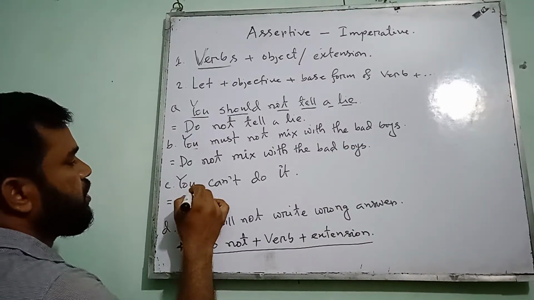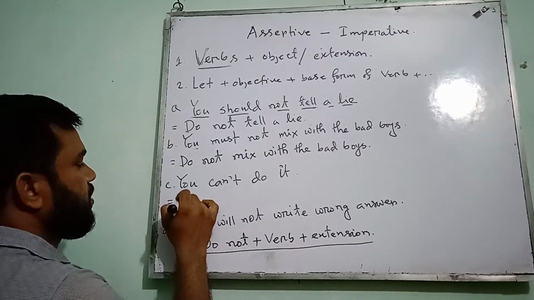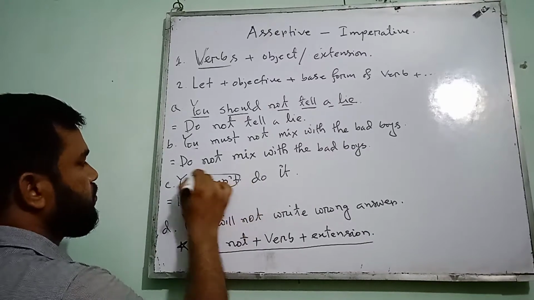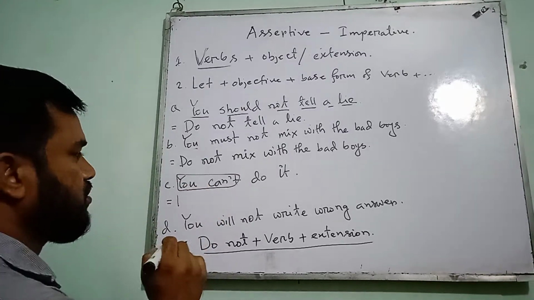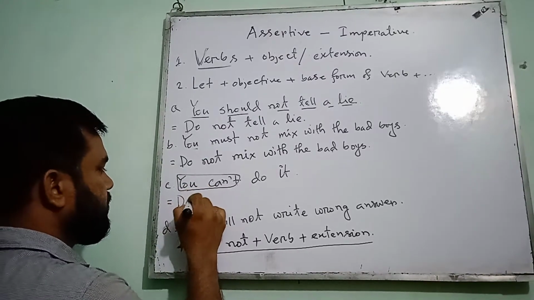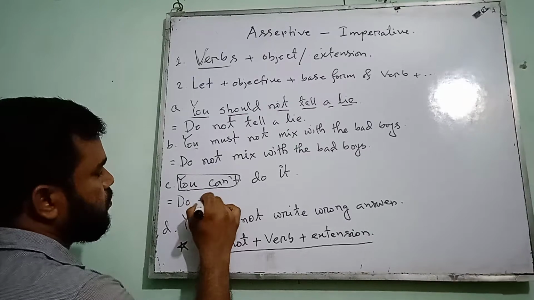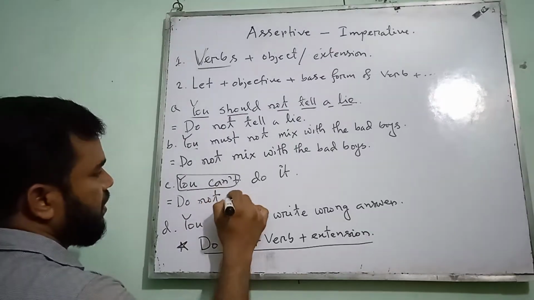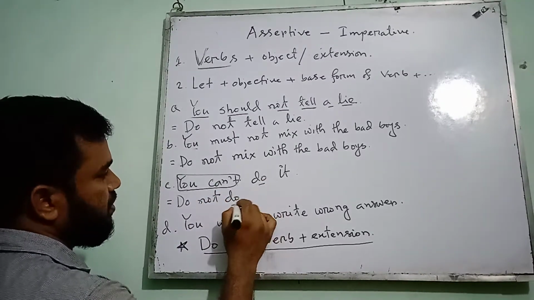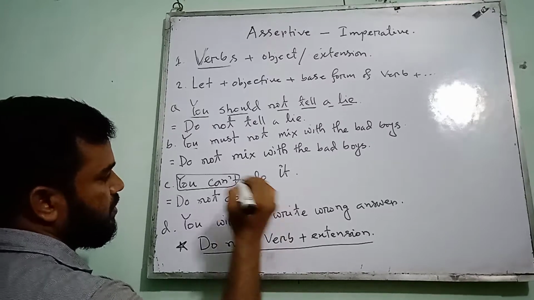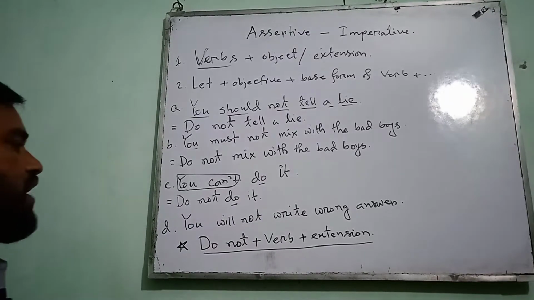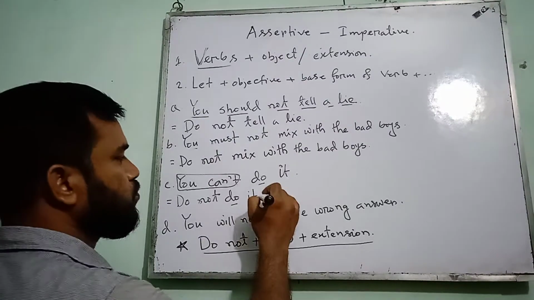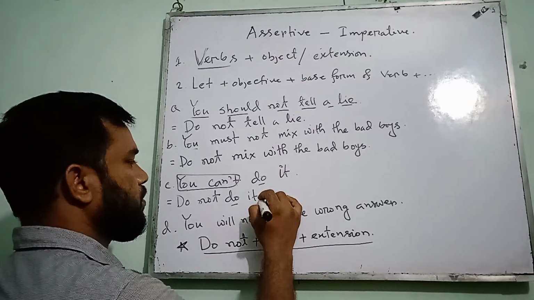Next, you can't do it, and I have to exclude this subject you and auxiliary verb and begin with do not, and then write the main verb do, and the next word is it, and at the end of the sentence we have to put a full stop.